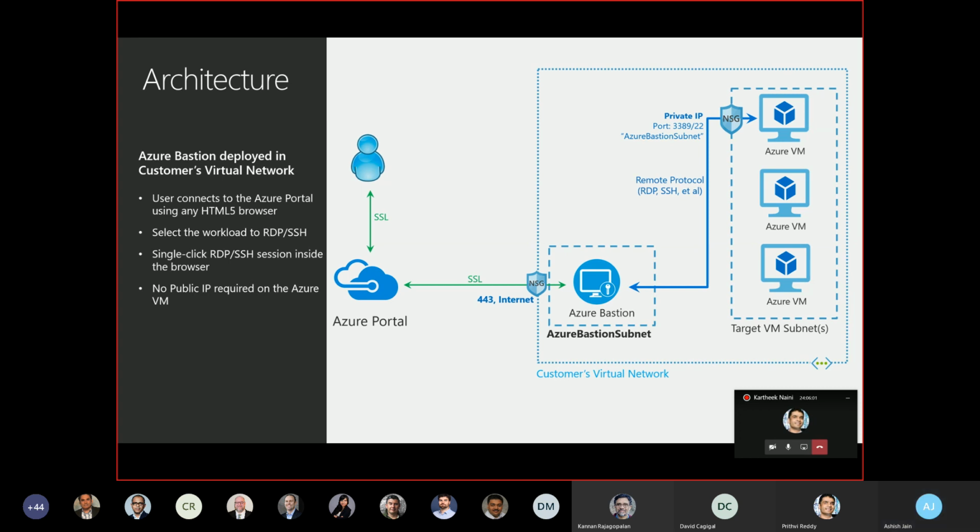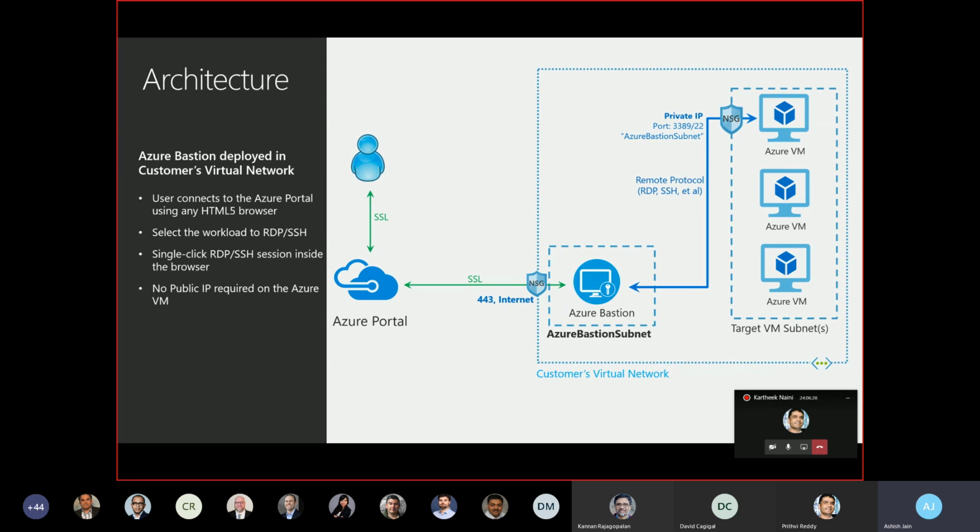What that means is that once you deploy an Azure Bastion resource in your subscription, we create the underlying compute in our subscription, but we inject the Bastion into your subscription, into your virtual network, which means Azure Bastion becomes part of your IP address space in your VNet.